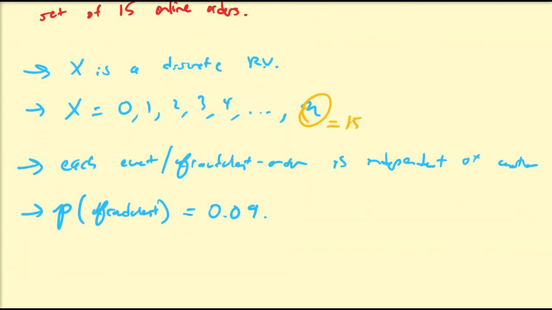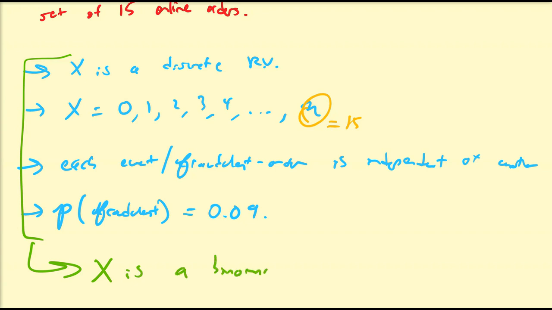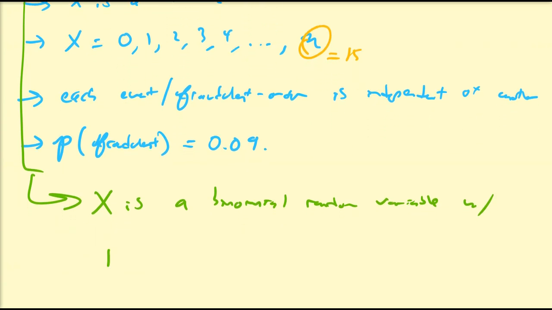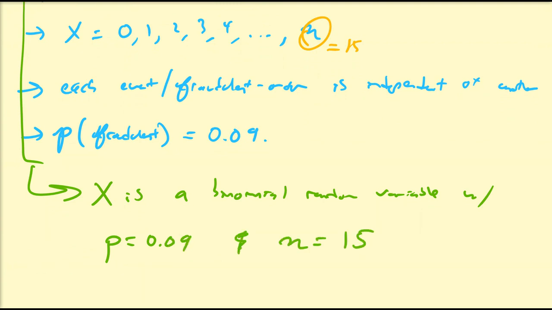So if we have all 4 of these components, then we can say that x is a binomial random variable with probability of success p equal to 0.09 and parameter n equal to 15.